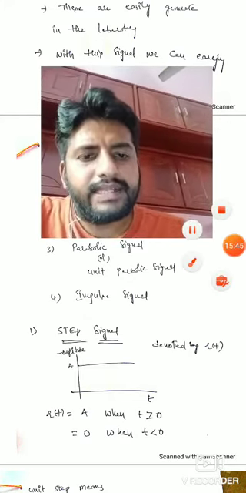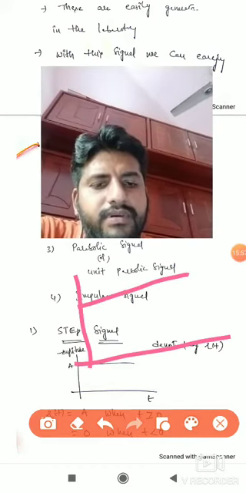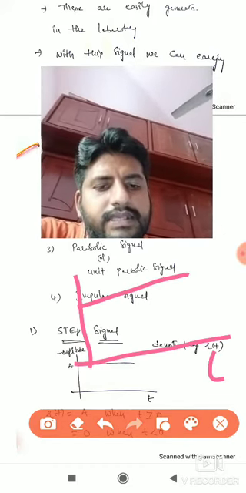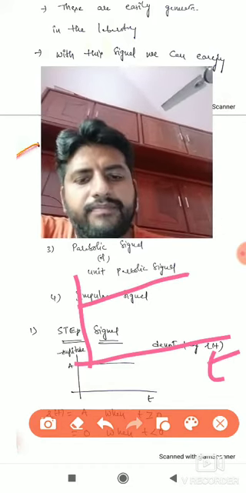What is a step signal? Step signal means the signal will look like this. This is T, this is the output, and this is A. For T greater than 0, R of T, the output, is equal to A. That means for T greater than 0, my signal is a constant.